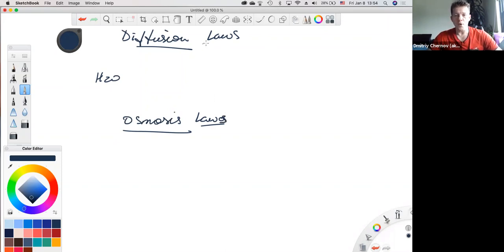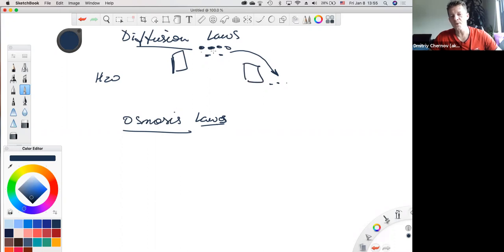Diffusion is the movement of water from higher concentration gradient to lower concentration gradient, where there is nothing in between, when there is no membrane between these two compartments. Let's say you have one compartment, you have another compartment, and there's nothing in between.